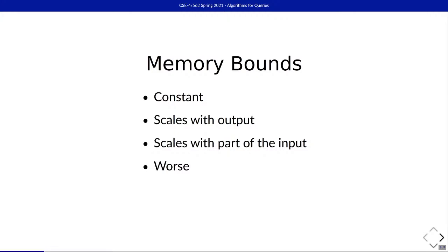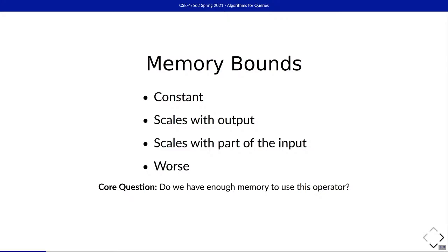It's not always the case, but for the most part, all of the algorithms that we're going to be looking at either are constant size, they scale linearly with the size of the output, or they scale linearly with the size of the input, or at least part of the input. Okay, so that's memory. And the main thing we're looking at when we try to understand the memory requirements of a particular algorithm is whether we have enough memory for that operator.